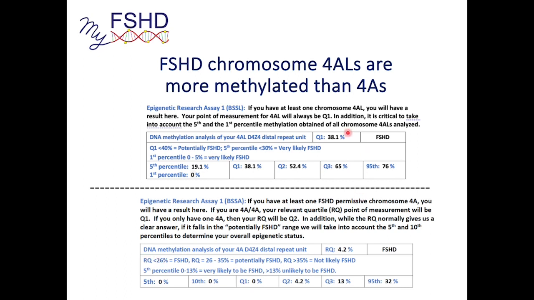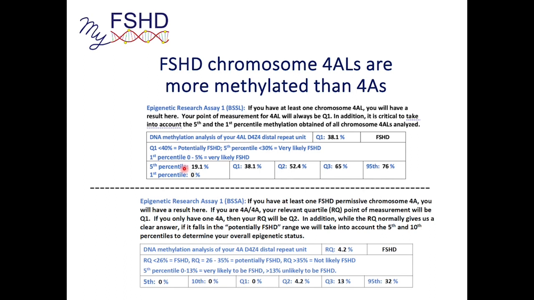You can see right away that this is much higher. In fact, greater than 35% is very unlikely and virtually never FSHD unless you're mosaic. So the metrics for 4AL are very different than 4A. The fifth percentile in 4A is 0 to 13%. Again, less than 30%. This would not be FSHD if it's a 4A, but for 4AL, this is very clearly FSHD.